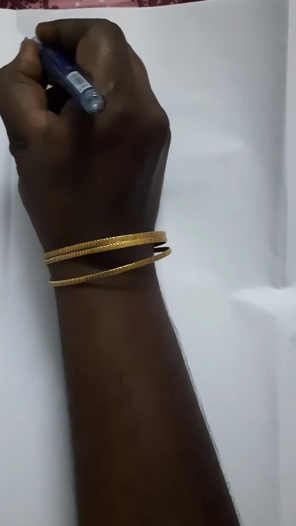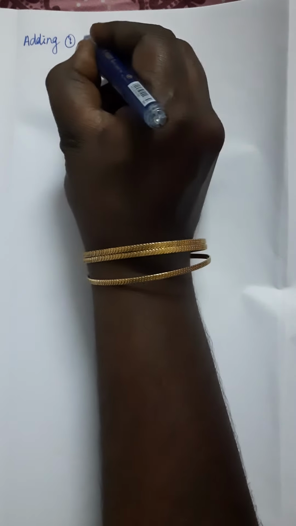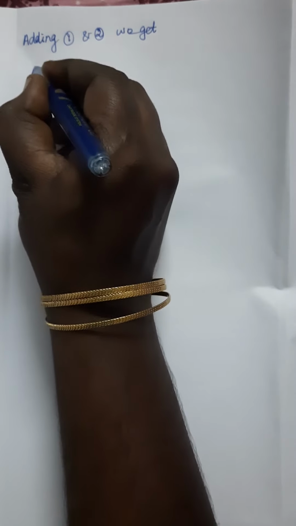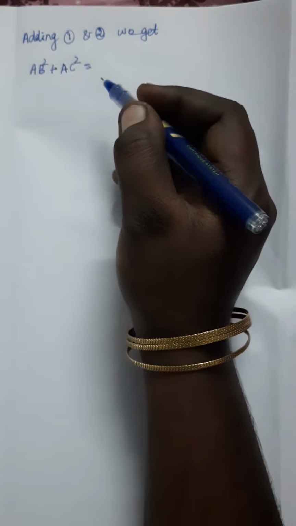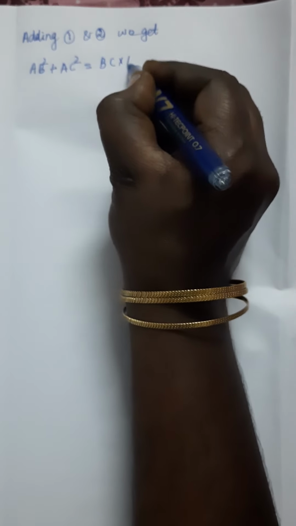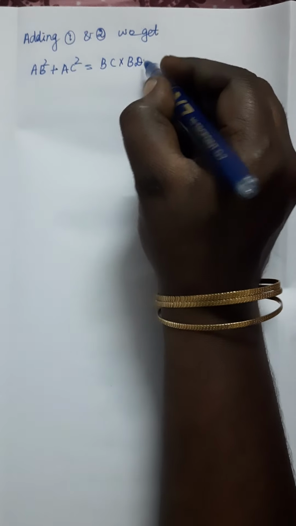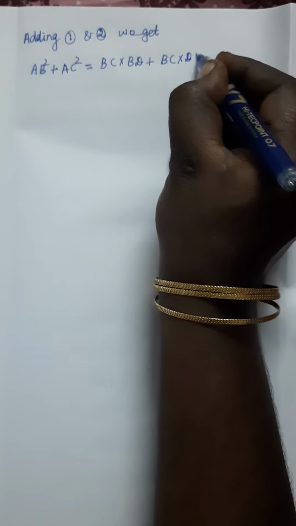Adding 1 and 2, we get AB square plus AC square, both left side values, is equal to BC into BD plus BC into DC.